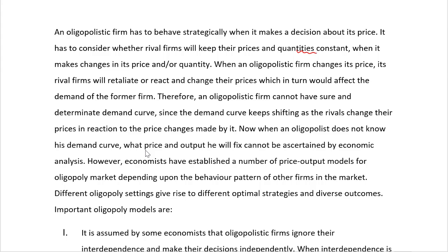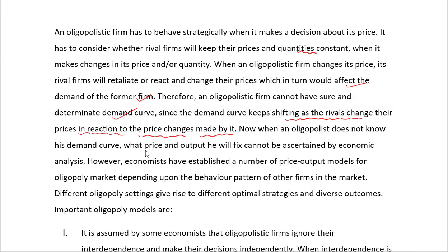When an oligopolistic firm changes its price, its rival firms will retaliate and change their prices, which in turn would affect the demand of the former firm. Therefore, an oligopolistic firm cannot have a sure and determinate demand curve, since the demand curve keeps shifting as the rivals change their prices in reaction to the price changes made by it.